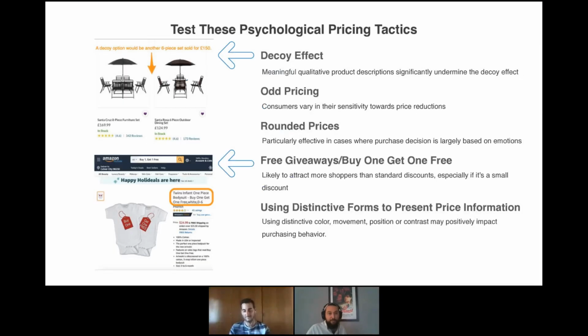And before we finish the webinar, as we mentioned, we would like to give you ideas that you can immediately implement, test, iterate, and improve in your shop. So we would like to mention a couple of strategies that you can start using from tomorrow. One of them is the decoy effect.